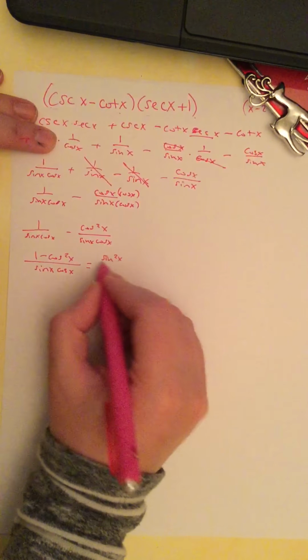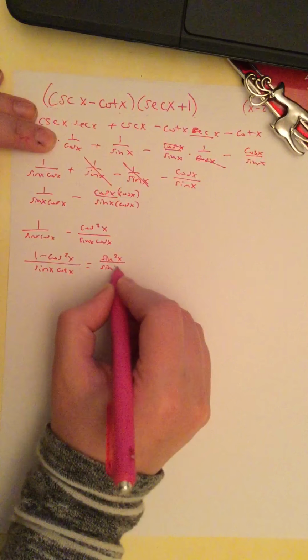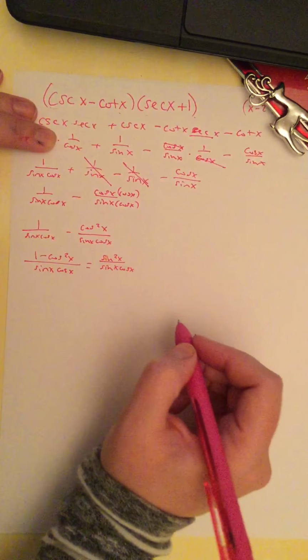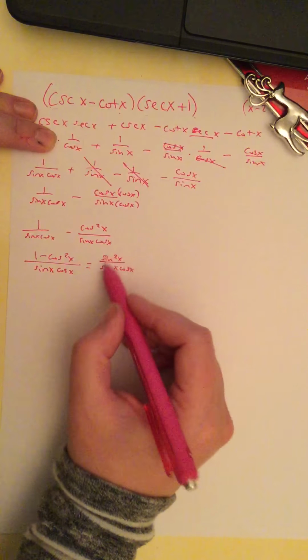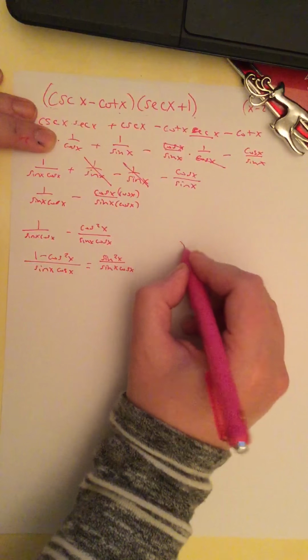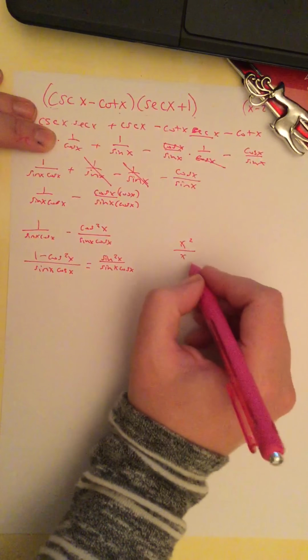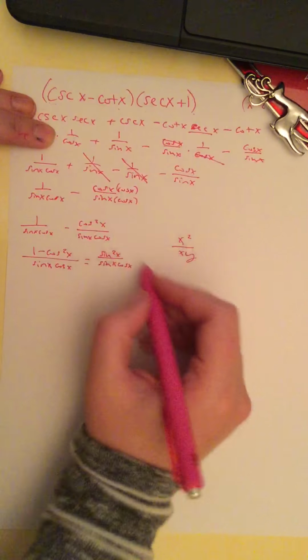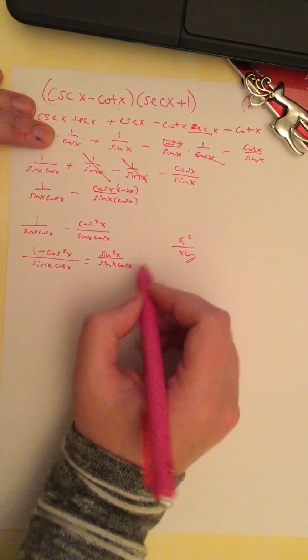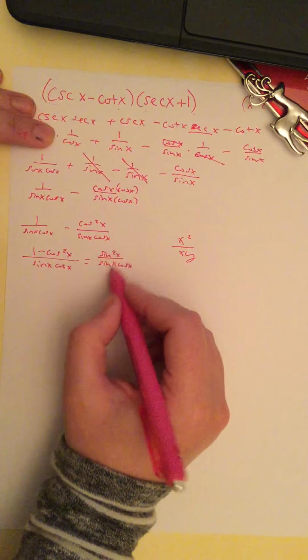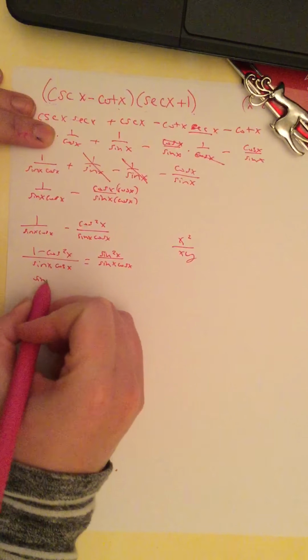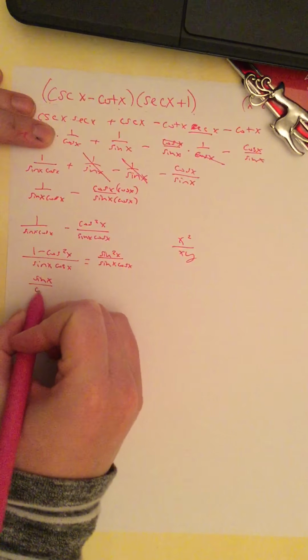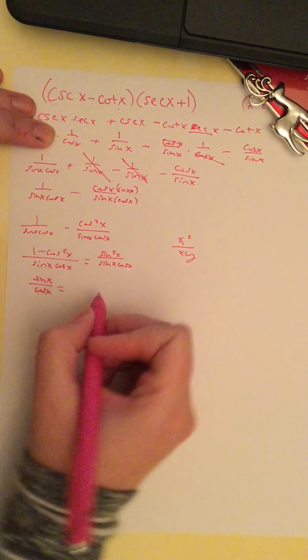Sine squared of x over sine cosine. And now remember, when you have the same thing but a higher power, it's the same thing as if you had x squared divided by xy. You would leave the y, but you could still simplify those x's when you're using multiplication here. So then one of these sines would cancel out, and you're left with sine of x over cosine of x.